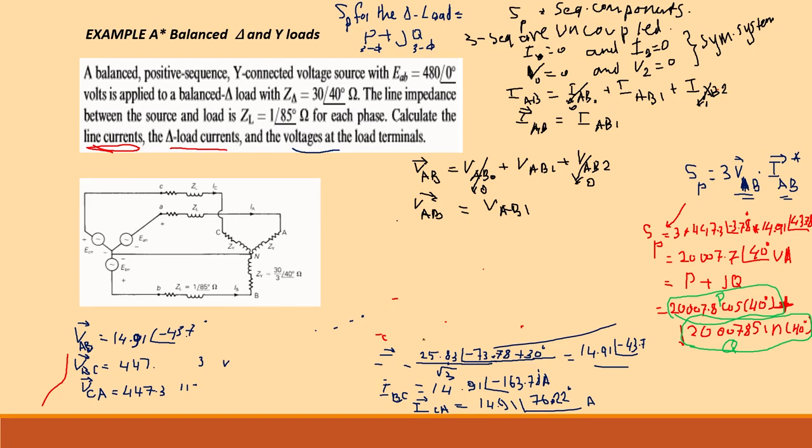Now, the equation that enables us to calculate the apparent power using the sequence components is written as follows: 3 multiplied by the row of V naught, V1, V2, multiplied by the column of I naught conjugate, I1 conjugate, I2 conjugate.